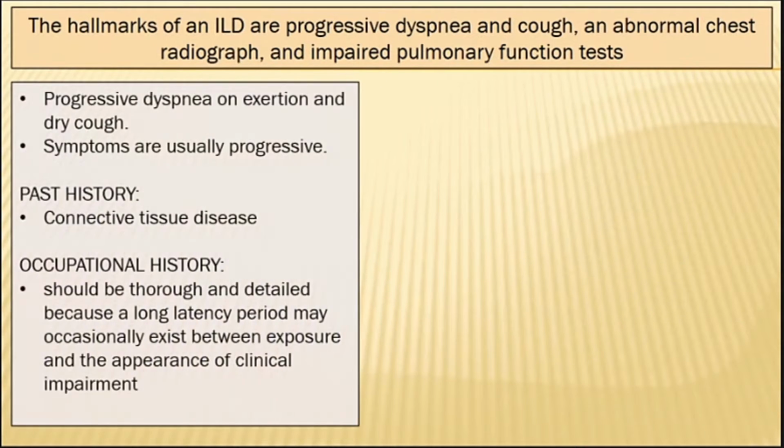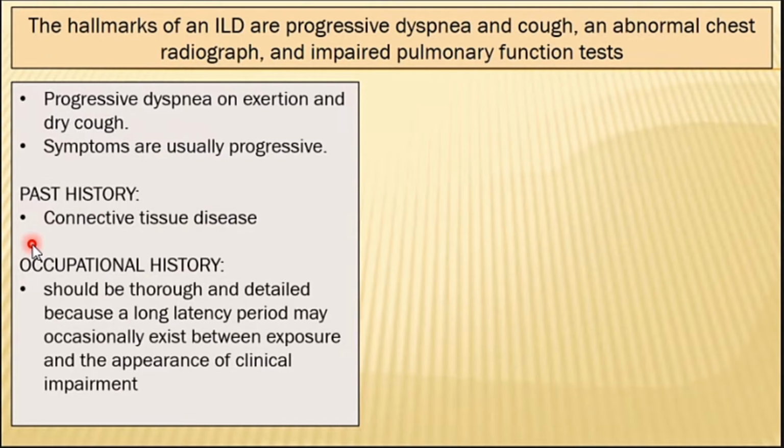Historically, they will present with progressive dyspnea on exertion, dry cough, and these symptoms are usually progressive over time. Now, in addition to the presenting complaints, it is important to take certain specific histories. For example, the past history, look for history suggestive of connective tissue disorders.